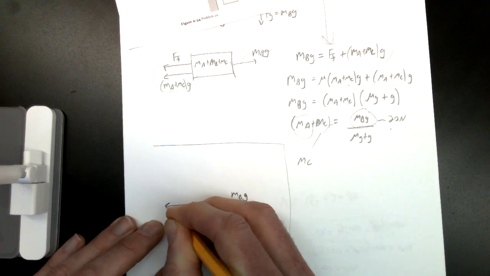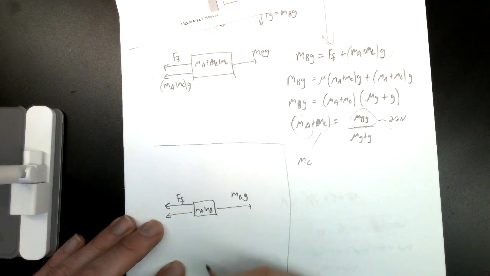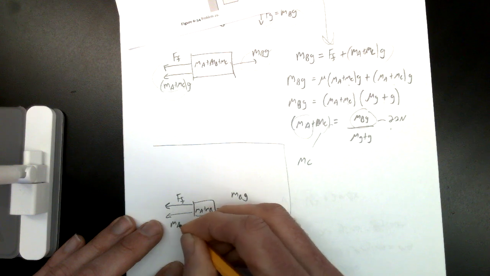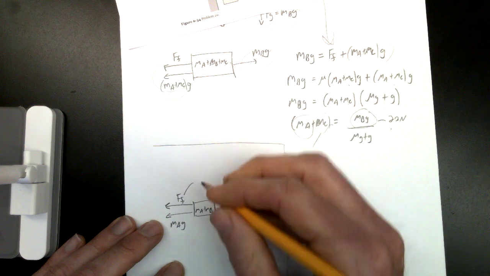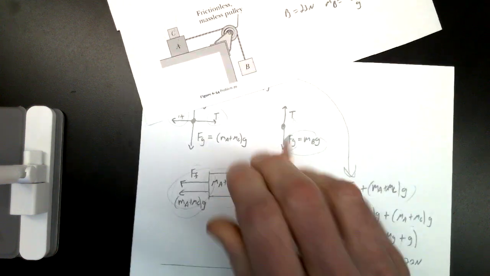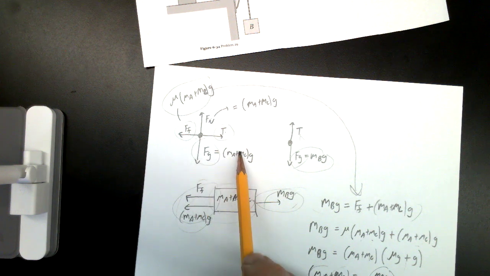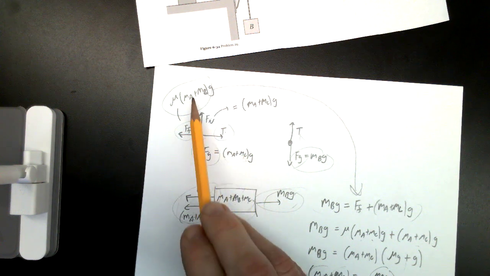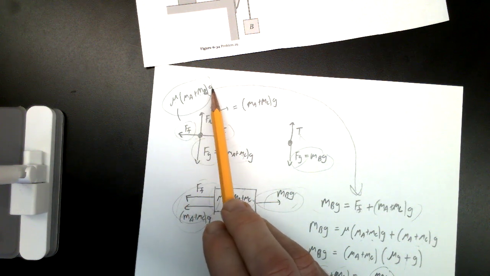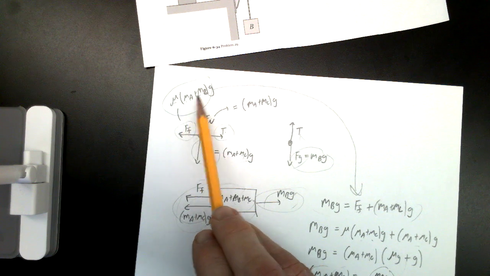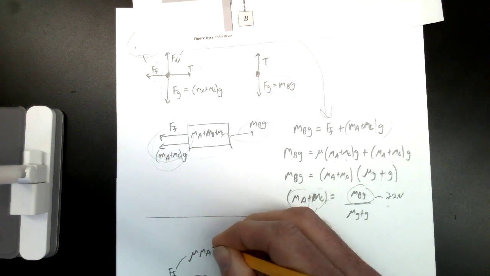I'm still going to have a friction force on this side, and a gravity force on this side, but this time it's just mAg because the C mass is missing. The friction force that we were using before, mu times (mA plus mC) times g, is now just mu mA g.